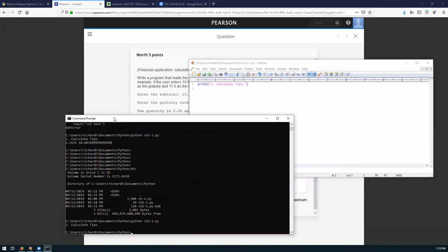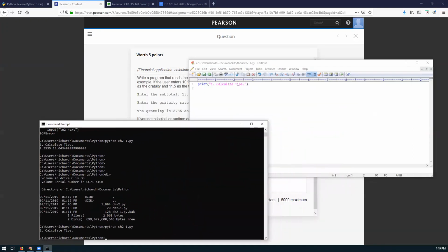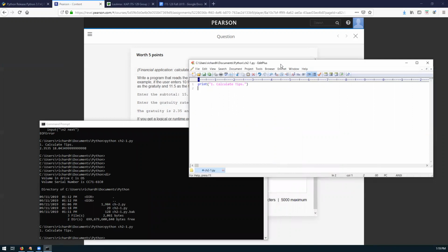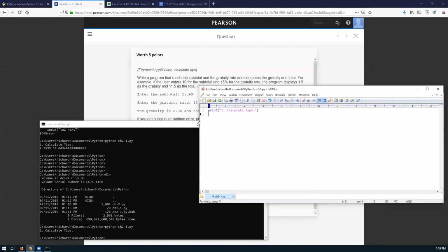All right, now let's figure this out. You have to write something to read in that value, and I'm going to assume you know how to do that already. So I'm just going to assign a value, subtotal equals 15.69.